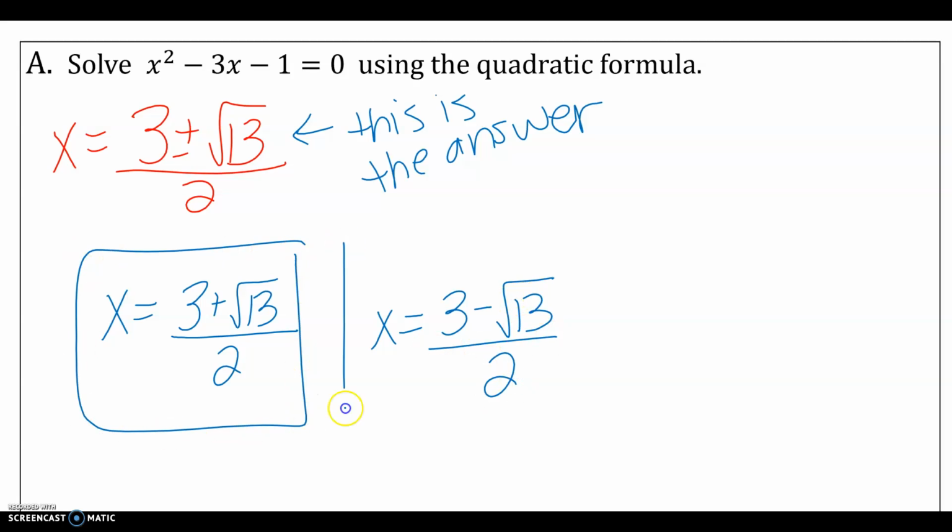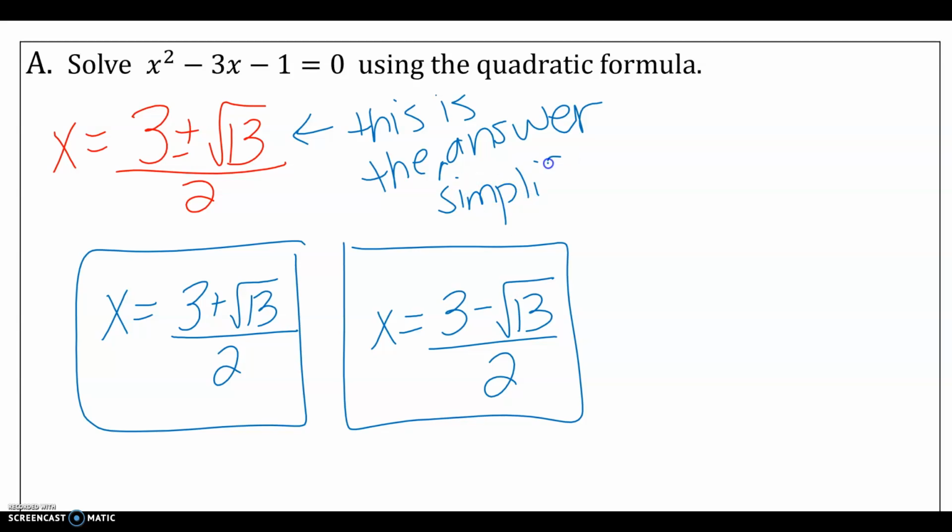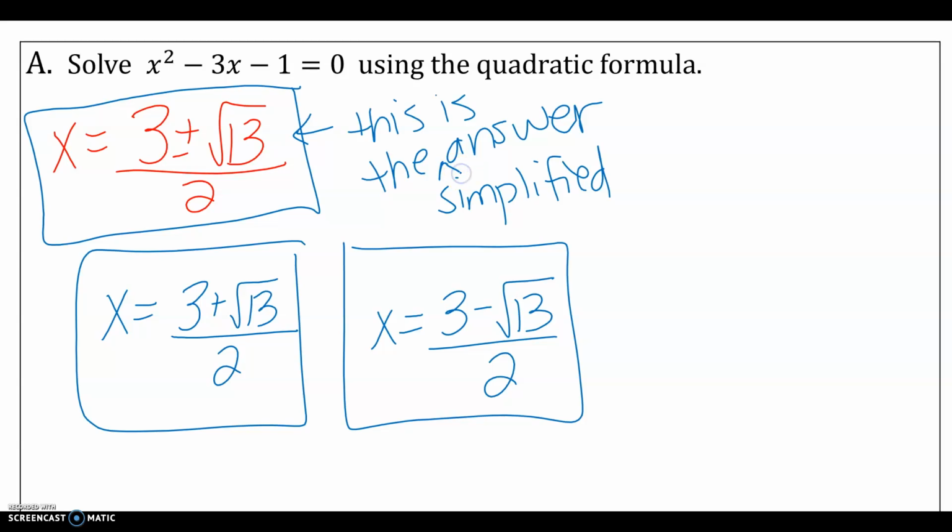So these are my answers, but you could say this is the simplified answer if you would like to just box this. So there's no reason to actually separate this. You can literally just leave it as the plus or minus in the center.